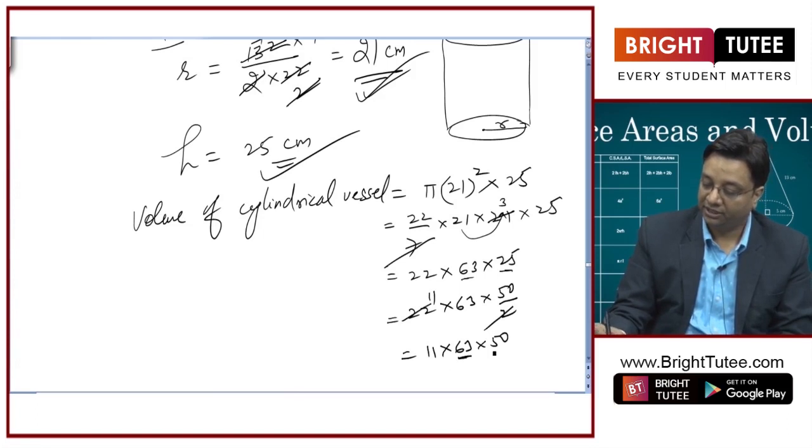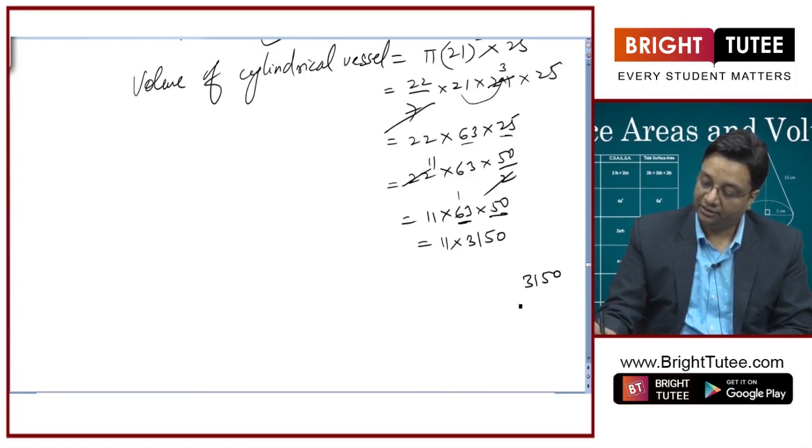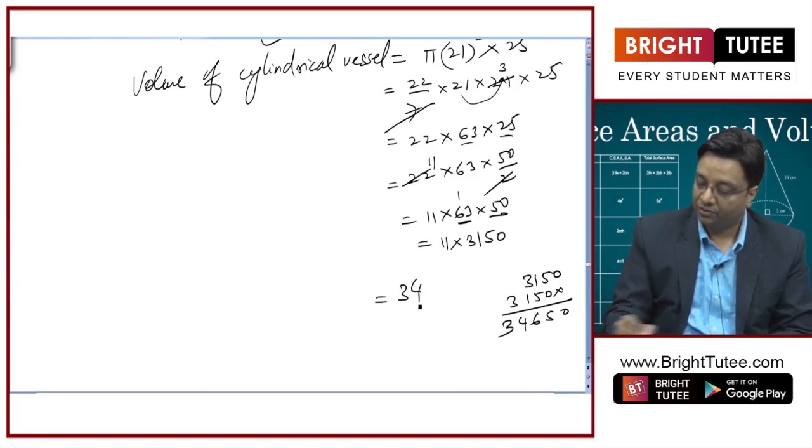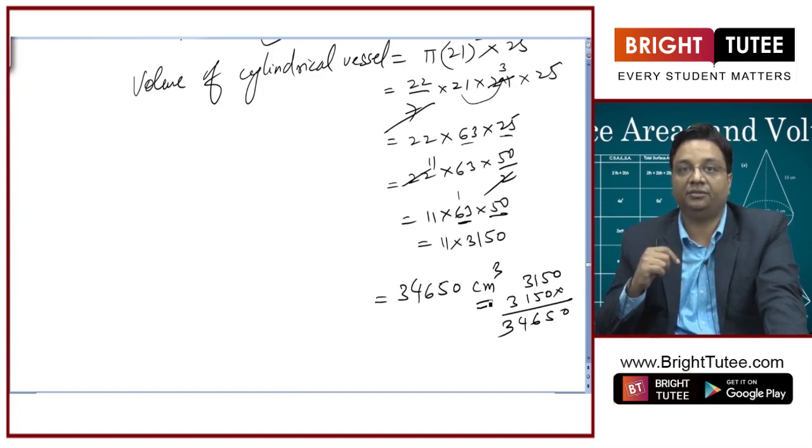Now 63 into 50 is easier to calculate. So it will be 3150 into 11, and 11 into 3150 can be calculated like this. 34650, and the answer is in centimeter cubes. So this is the volume of this cylindrical vessel in centimeter cubes.